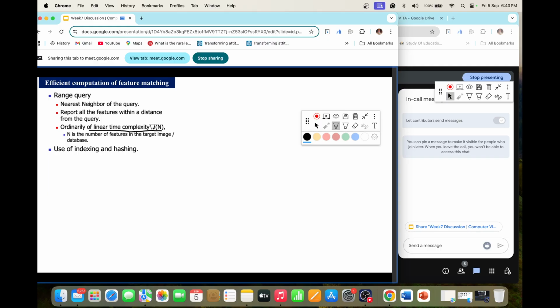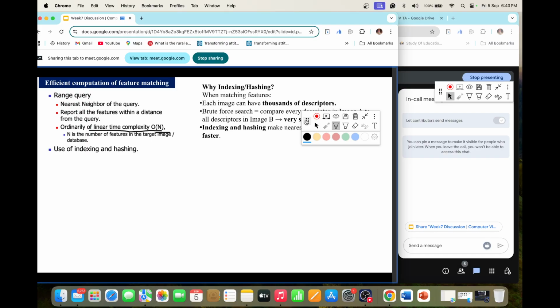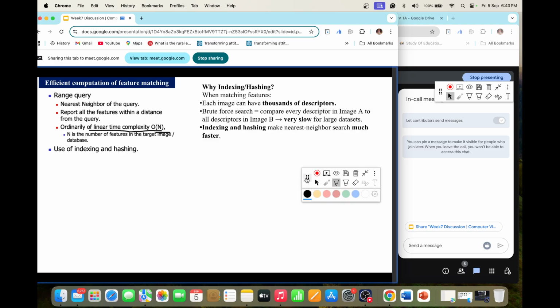All this nearest distance computation uses linear time complexity O(N). The problem is when we have a large number of data, thousands of descriptors, because we are comparing all the descriptors from image A to image B.